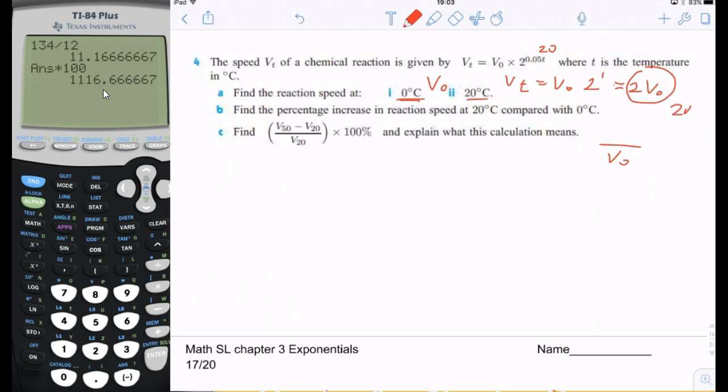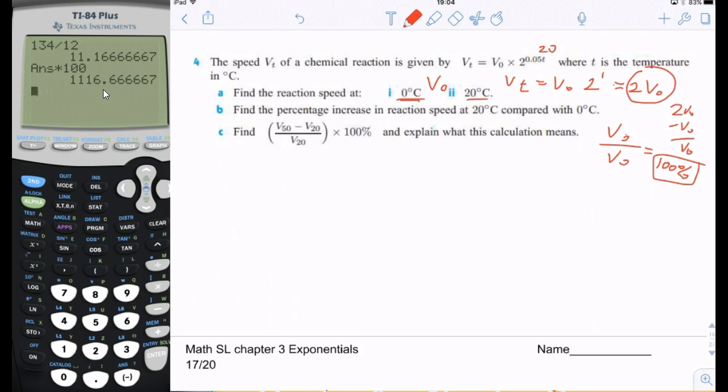Guess what? 2v0 minus v0 is going to give you 1v0. So you're going to have the increase, which is v0, over the original amount, which is v0. So the amount of increase is going to be 1 times 100 percent, and you're going to find out that the increase is 100%. Okay, when you say there's 100% increase, you're doubling the original amount.